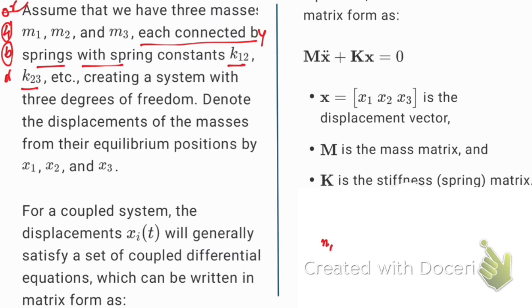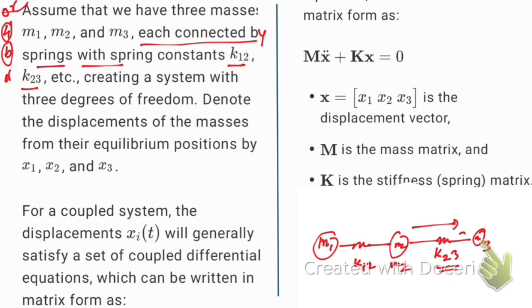This is m1, this is m2, this is m3, connected by the springs k12 and k23. The spring connecting m2 and m3 is k23, and the spring connecting m1 and m2 has spring constant k12. Let me consider it that way.